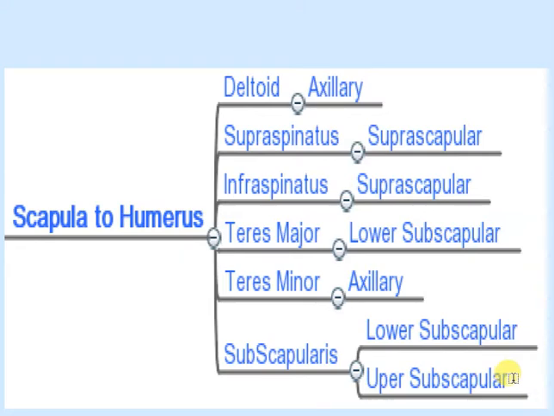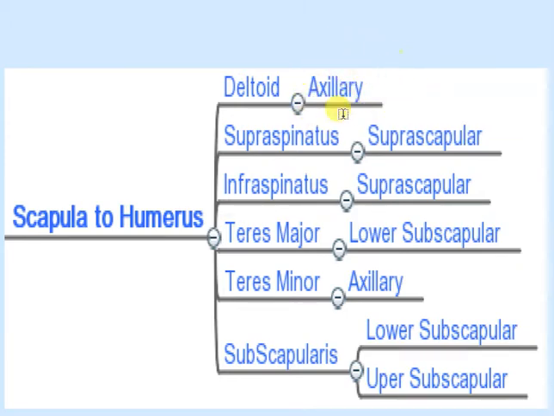But of all this, the important aspect you need to know here is just the concept of rotator cuff muscles. The innervation is not something you will be asked much in your gross anatomy, like what nerve supplies the deltoid muscle.